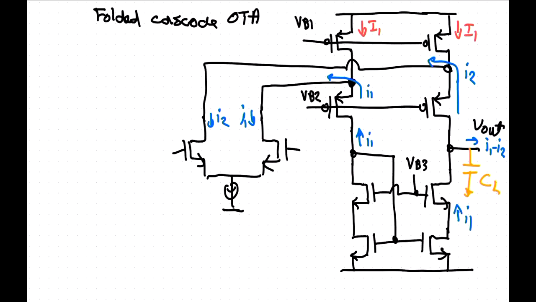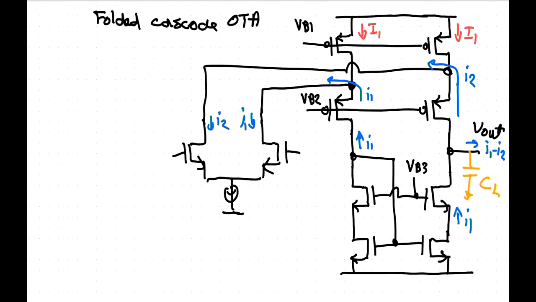Now the advantage that you have for the folded cascode op amp is that you can put most of your current in the differential pair. The thermal noise that you get from your system is dominated by your two input transistors. It's dominated by these ones here.